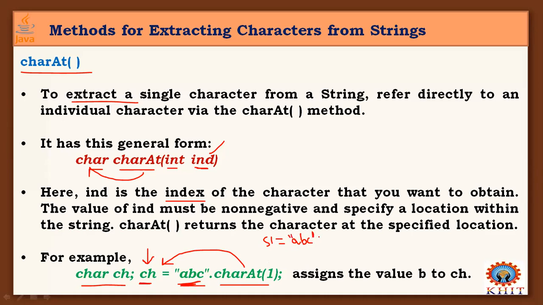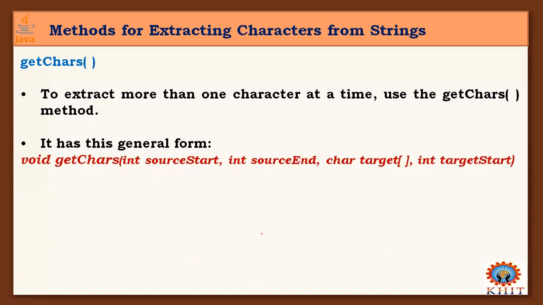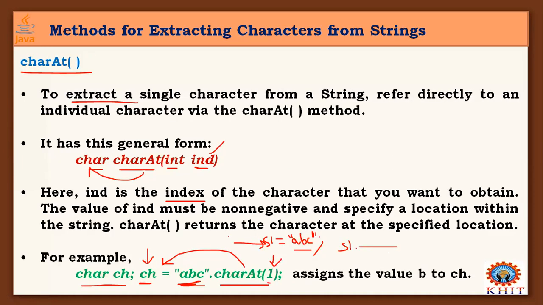Now s1 is a string object containing abc, and you can call s1.charAt, which gives the character at the particular index specified. At one index it returns that value. We'll see the methods one by one from the program point of view, so let me show you one by one.